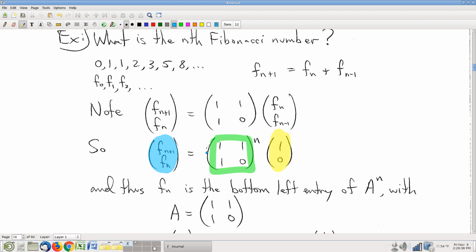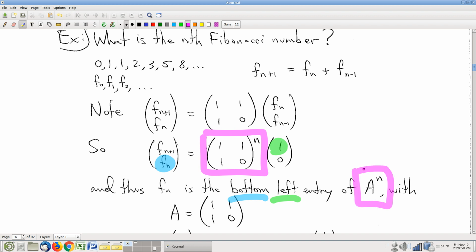What I am now looking for is the bottom entry in the vector that is the left column of a high power of this matrix. Looking for the bottom left entry. So I just need to raise this matrix to a high power, look at the left column, look at the bottom entry in that left column. That's my answer.